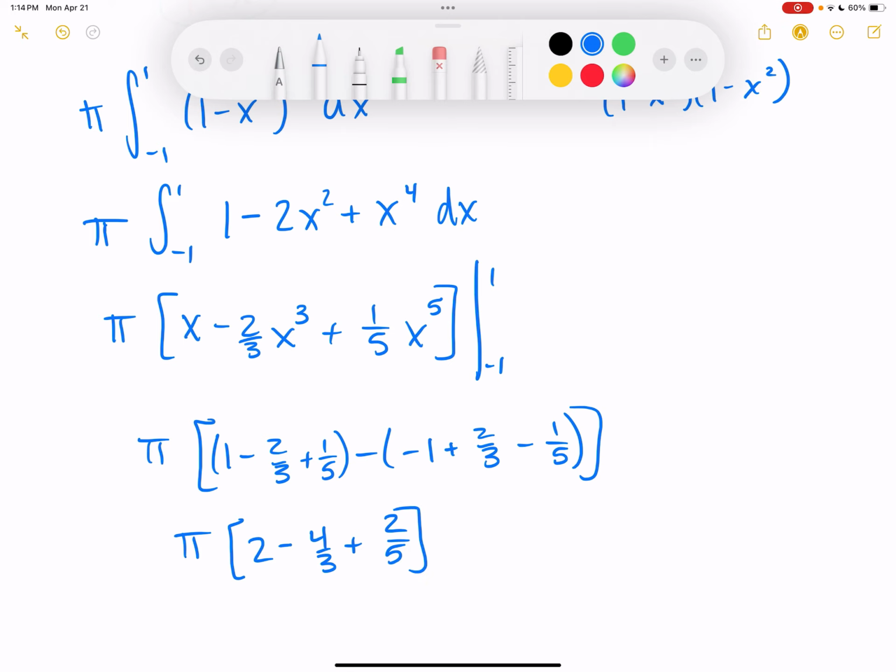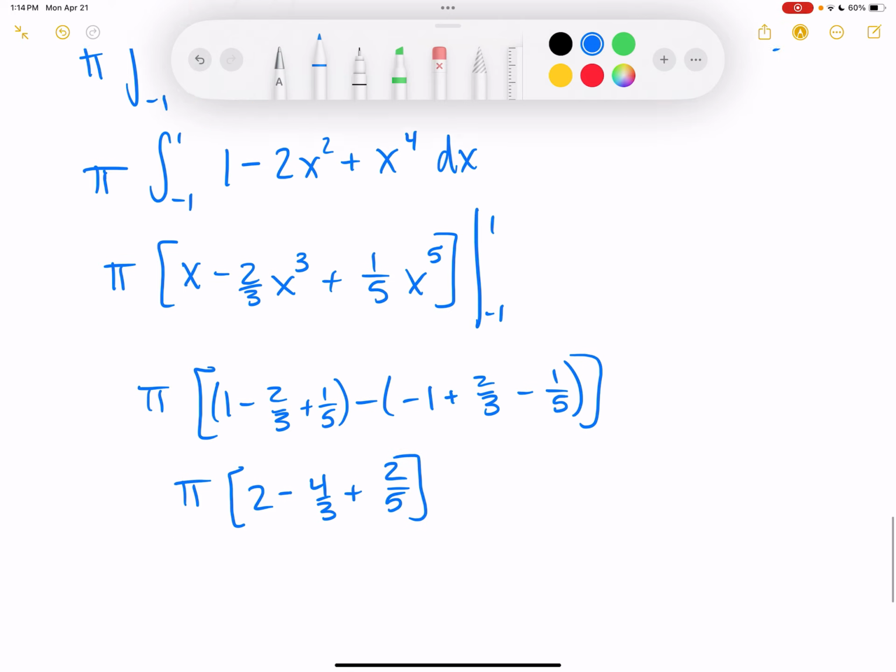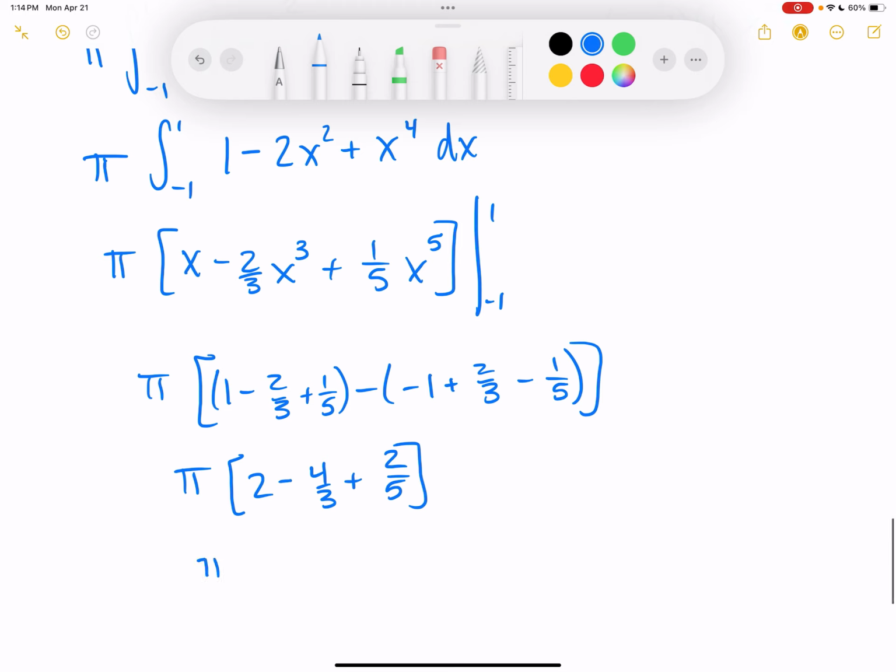And then I need a common denominator of 15, so pi times 30 over 15 minus 20 over 15 plus 6 over 15. So then that would be 16 pi over 15.